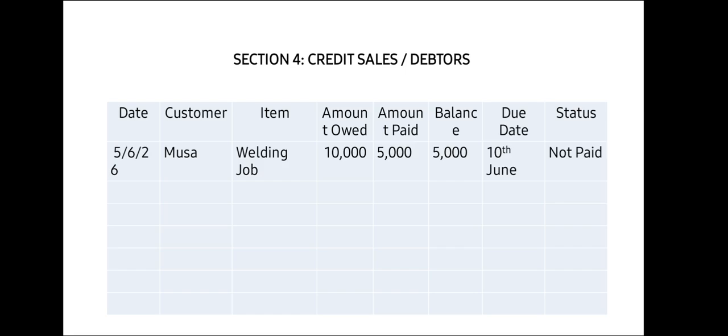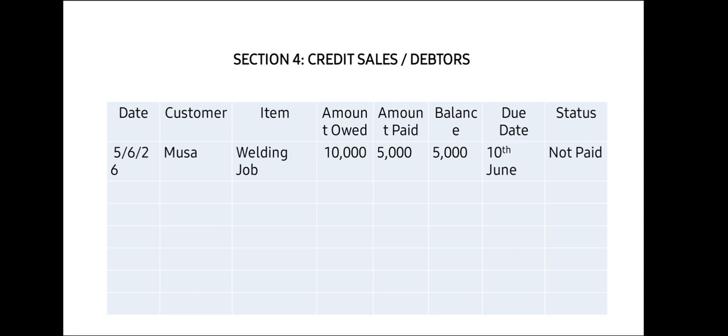Status, not paid. Many businesses fail because of unpaid debts, and that is why it's of high importance that you record a due date. There should be an agreed due date for the debtor to pay back what he or she is owing you.